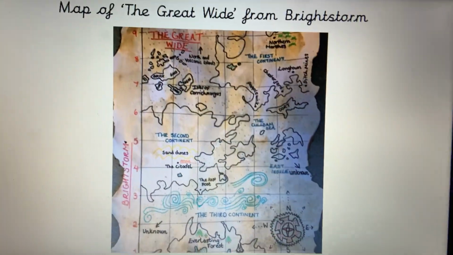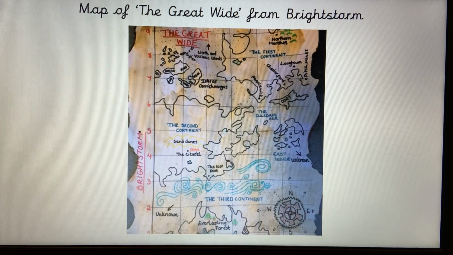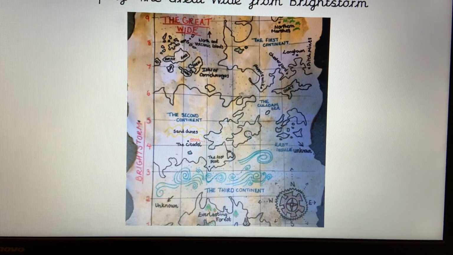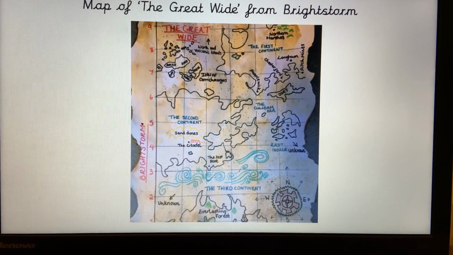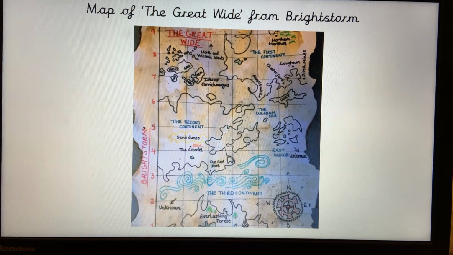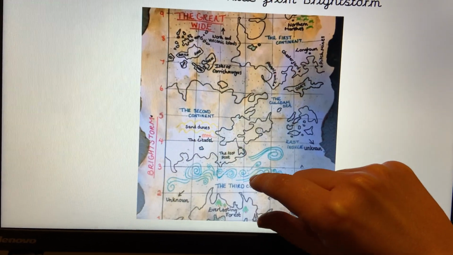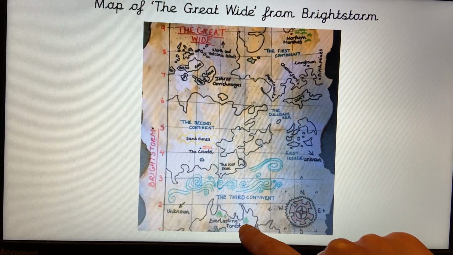So it's a map for you to create about your story setting, really. So where their adventure is going to take place. They called the world the Great Wide. So you could be thinking about what you want to call your world, and then you could have different countries. They've got the first continent, second continent, and third continent.